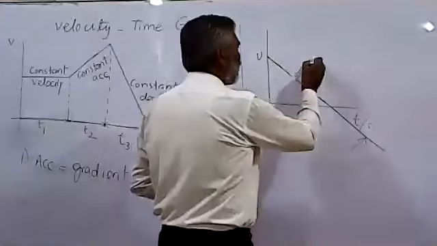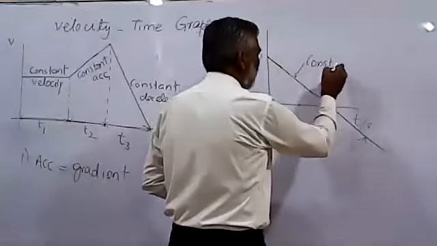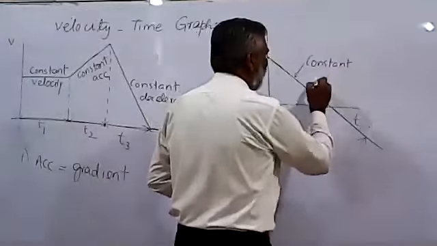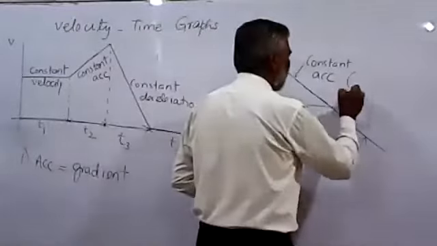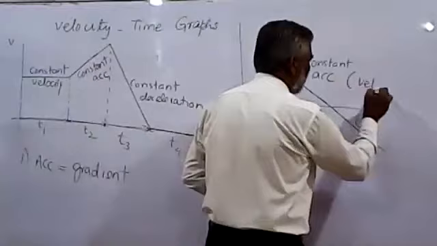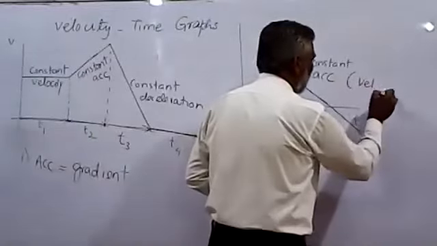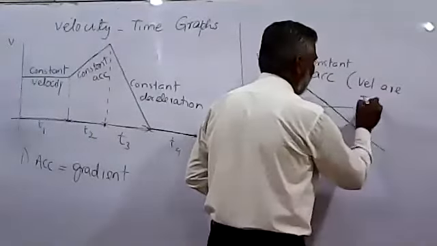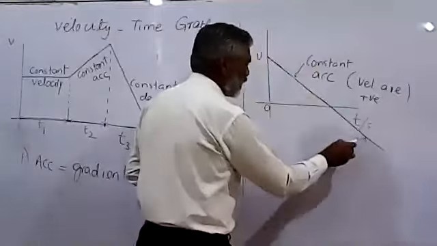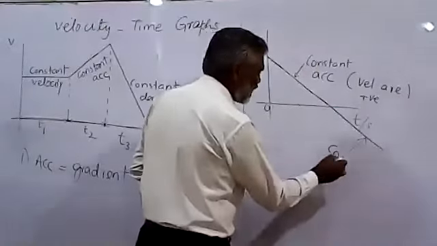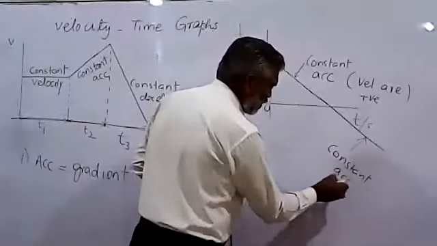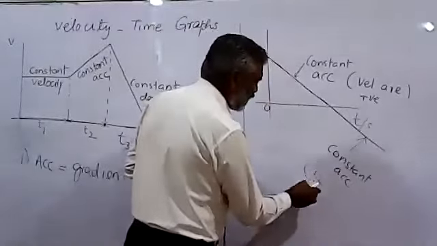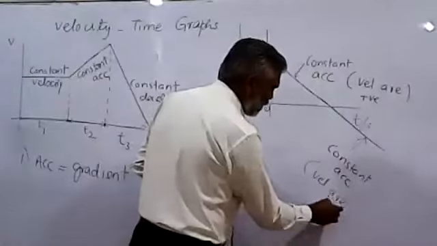So a certain constant acceleration, with the velocities positive. This is also the same constant acceleration, but now velocities are negative.